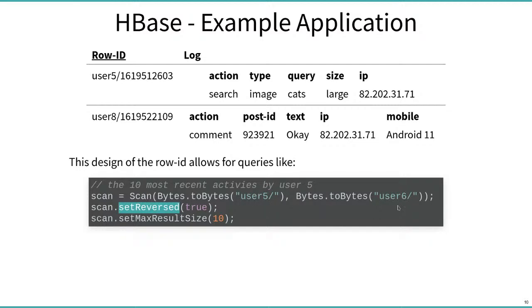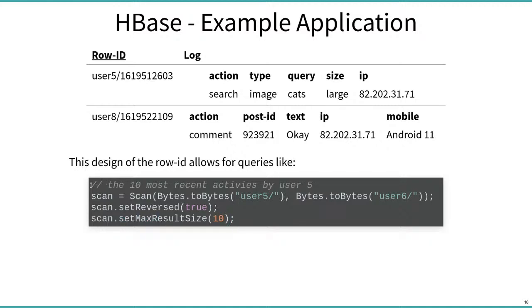So I begin with the last row ID that is before user6. So I begin with the row ID that has the highest timestamp, and then the second highest timestamp, and I stop after I read 10 rows.